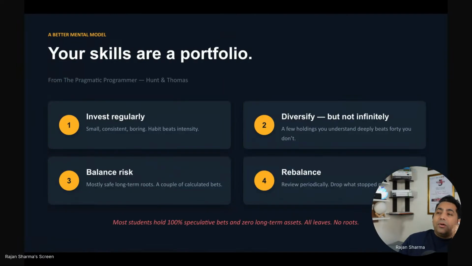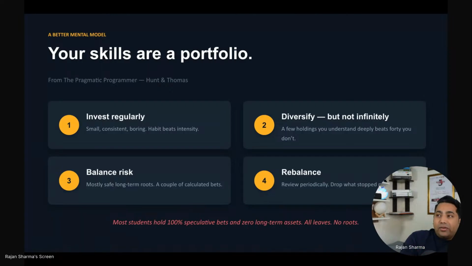Because we talk about skills, imagine your skills like a portfolio. There is a book many of you should read, The Pragmatic Programmer, I think I remember. One of the best ideas is to treat your knowledge like a financial portfolio.